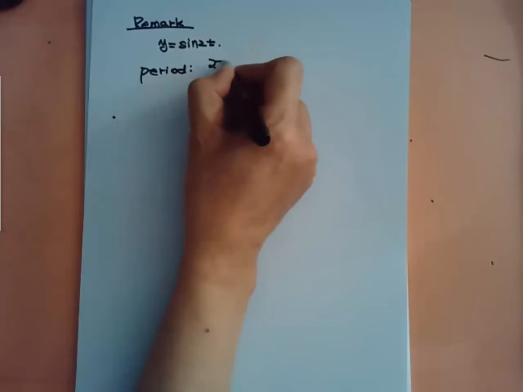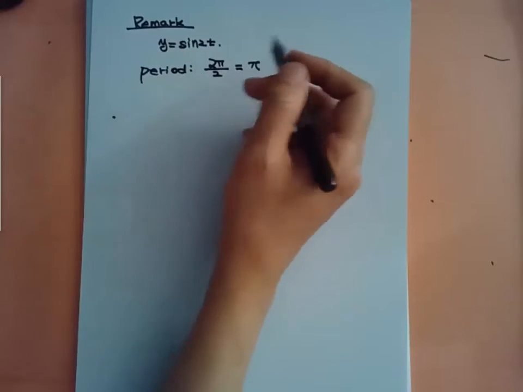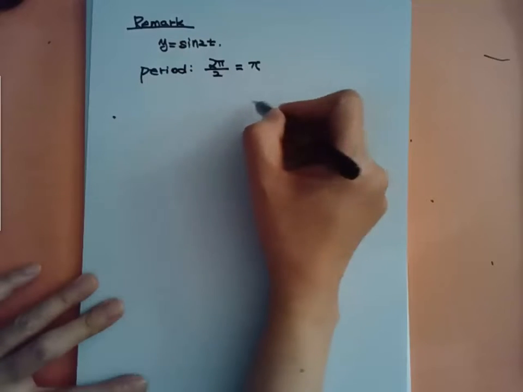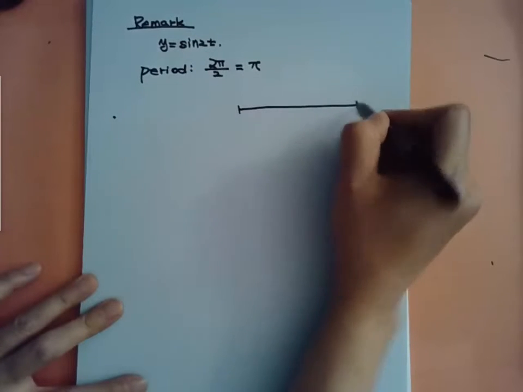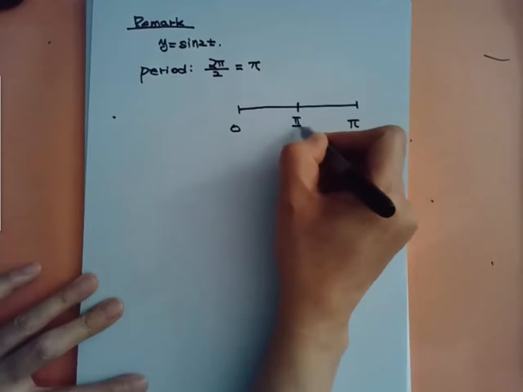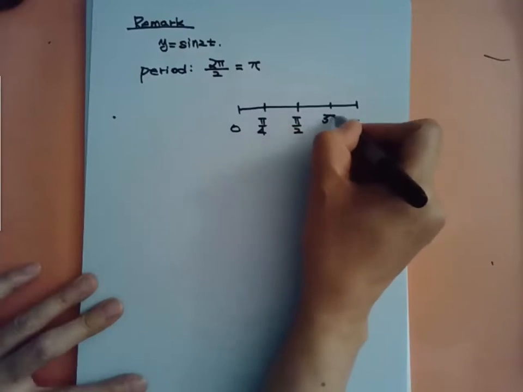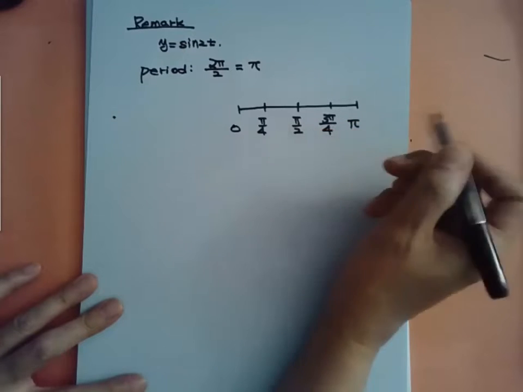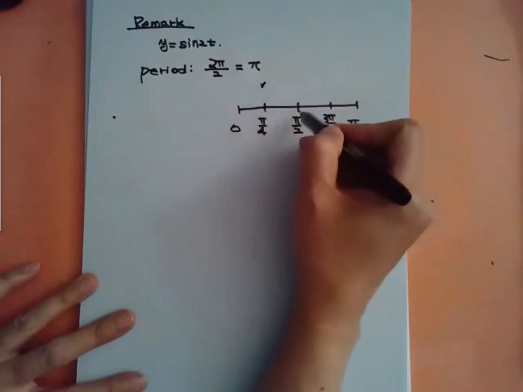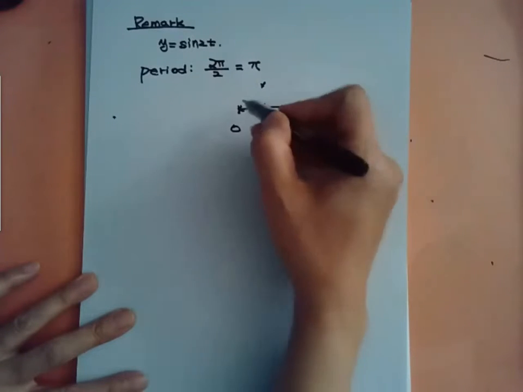Period is 2 pi over 2, which is pi. And then we know that there is a notion of key points. So that is 0 to pi, and this is pi over 2, this is pi over 4, and this is 3 pi over 4. And we are considering the sine graph, so it starts at the origin and then it goes up and down.